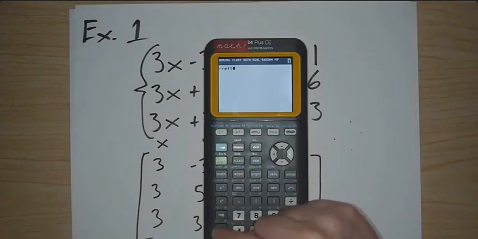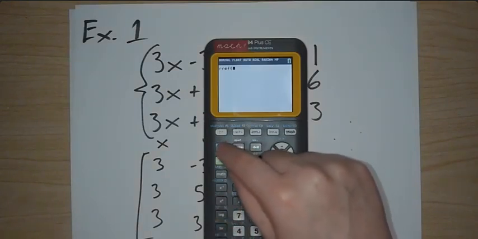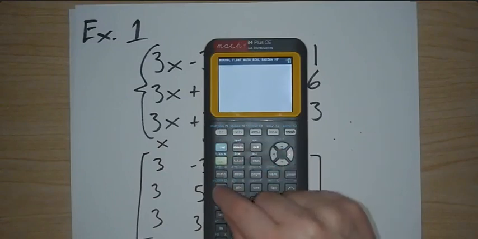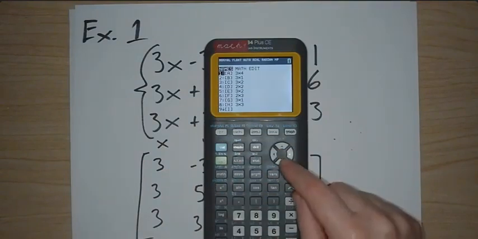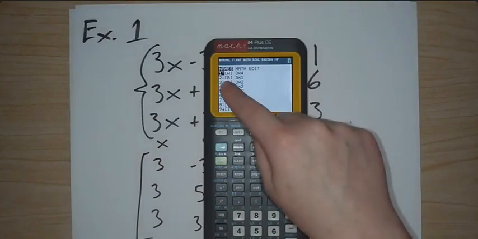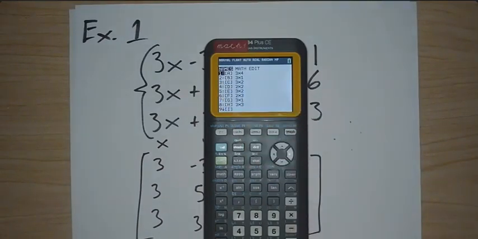So we go back to our matrix area, second, x to the negative 1, and under the names column, we choose the matrix that we just edited. I edited A, so I press enter. So you have RREF A, we press enter again, and it has found our augmented matrix for us.